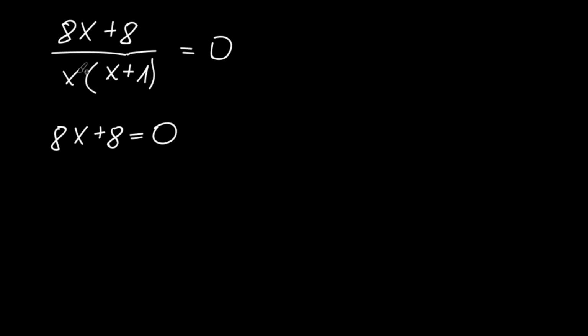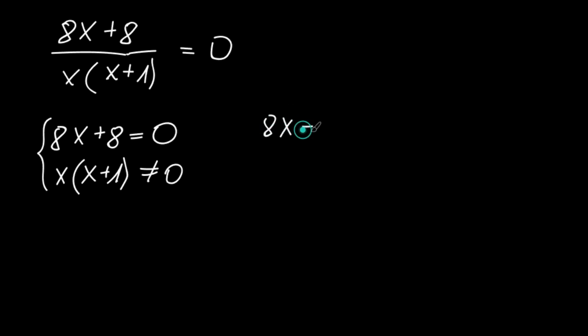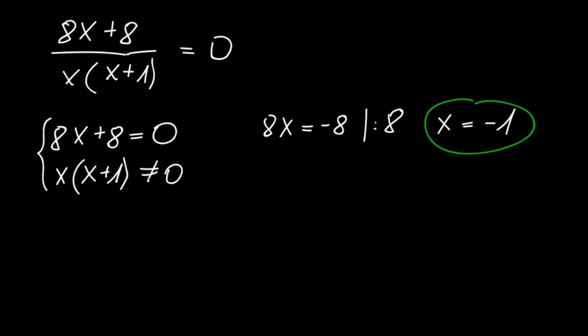We also say that our denominator, x times x plus 1, can't be 0. So from this equation, we get that 8x is equal to minus 8, because we're moving this 8 to the other side, and if we divide both sides by 8, we get that x is equal to minus 1.